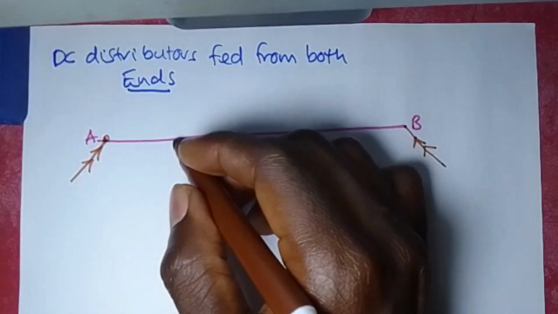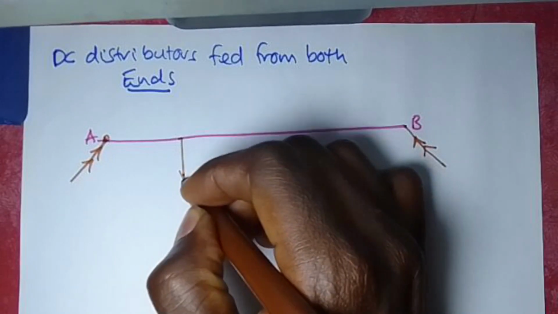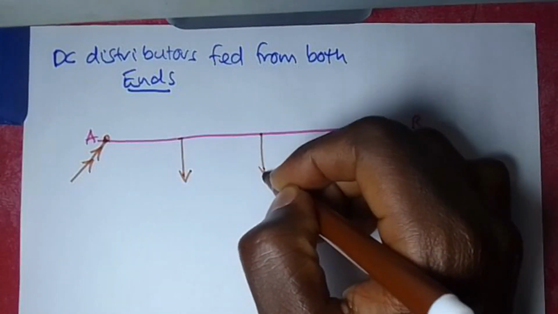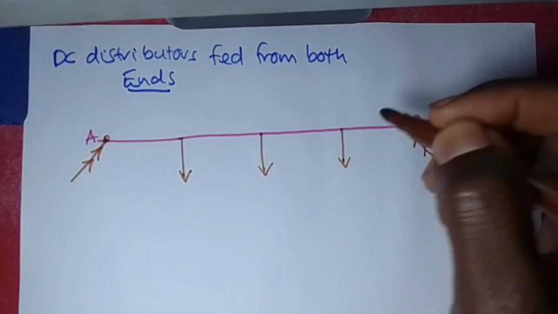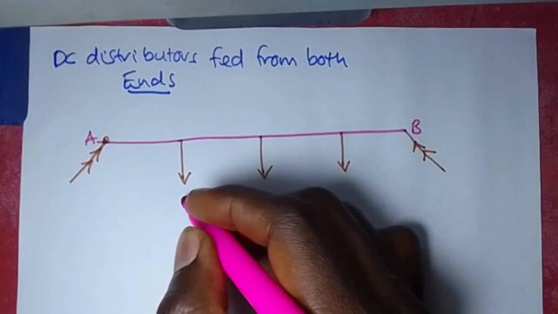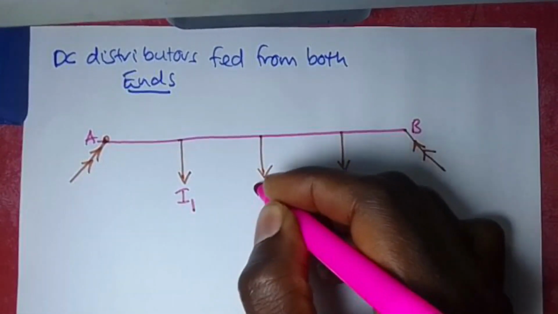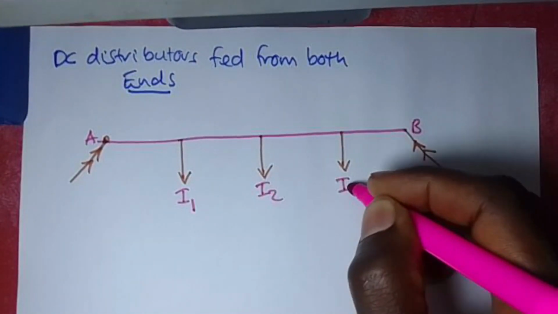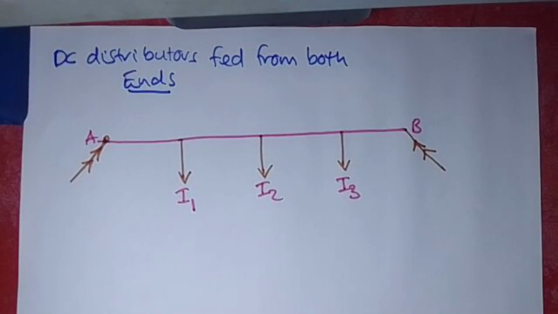Then we can always have loads being tapped off along the entire length of the line. For example, I can have those loads, let me call them I1, I2, and I3.